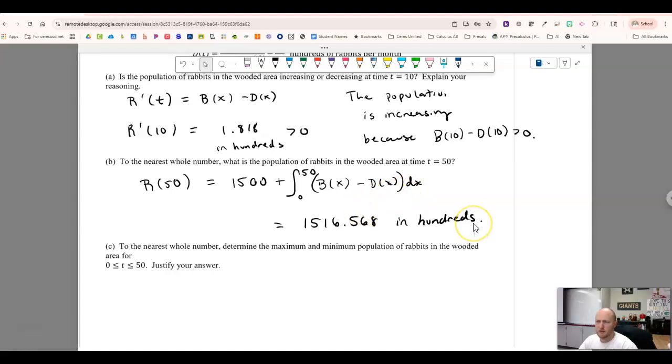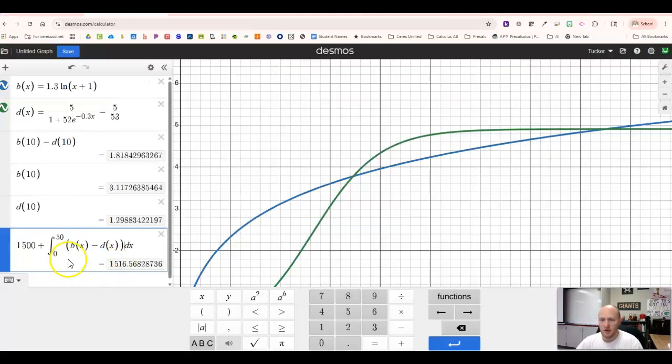Oh, but I don't like this. I think I made a mistake here. They say our initial value is 1,500, and then this integral is going to be in hundreds. So I think I need to adjust this. This just needs to be a 15 plus this, 15 hundreds. Okay, so let me adjust this.